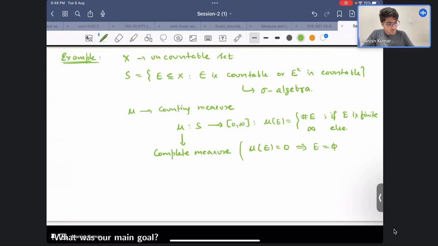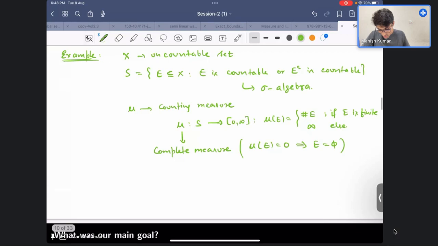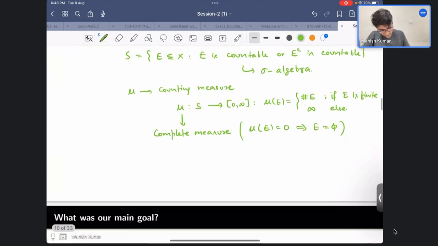Since mu of E equal to 0 implies E is empty, there is only one set which is of measure 0. There is no subset of this further, so there is no question of complete measure as such. It is automatically complete, right? Now, since this is complete, we cannot extend it further, right? So this is a complete measure.